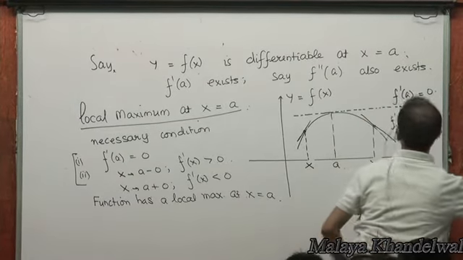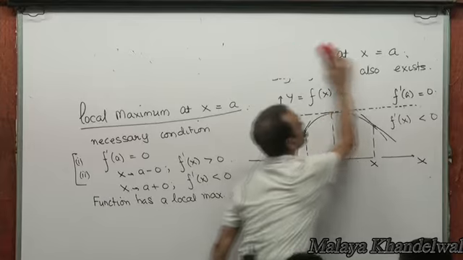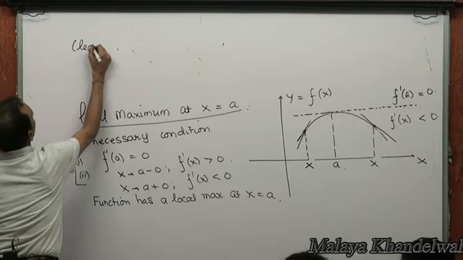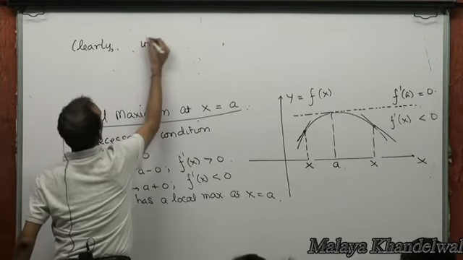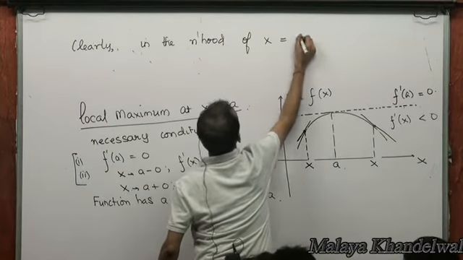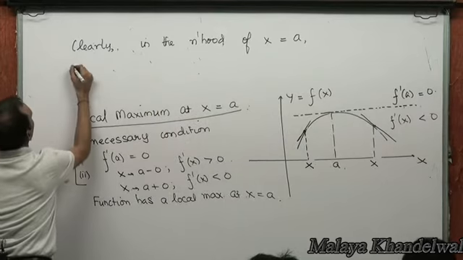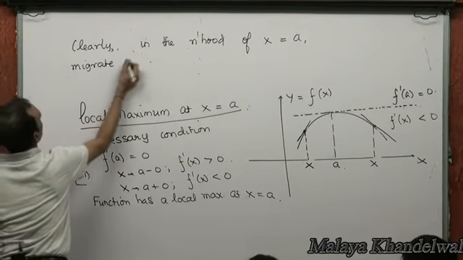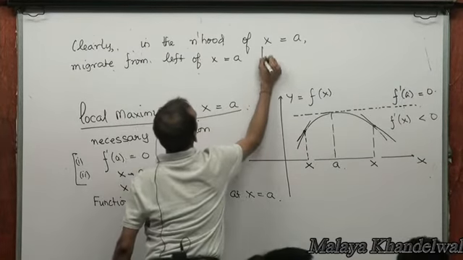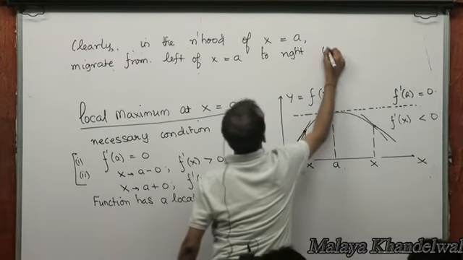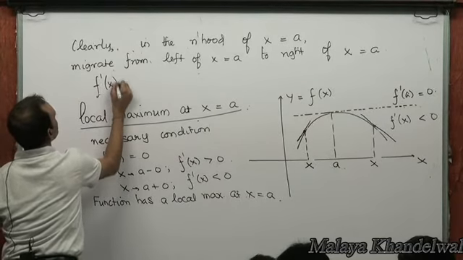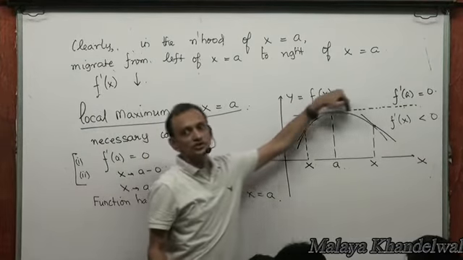So clearly, in the neighborhood of x equal to a, as we migrate from left of x equal to a to right of x equal to a, f dash x decreases, from positive to 0 to negative values.